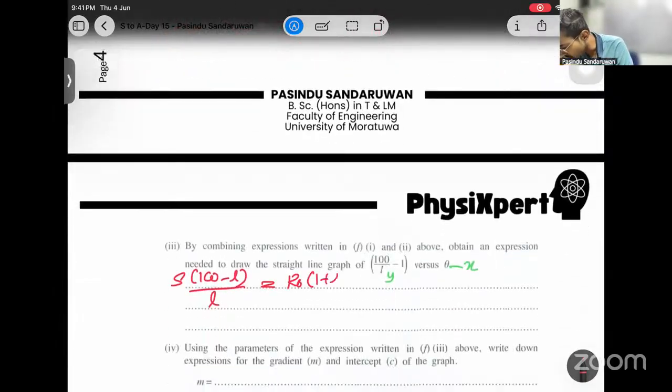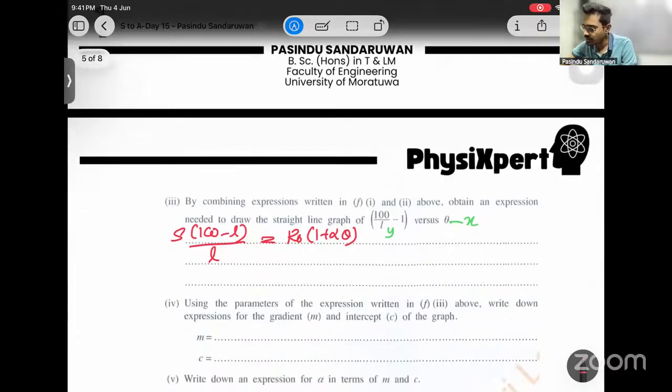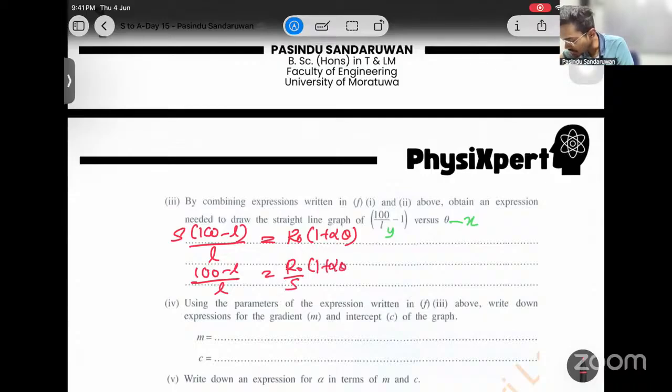Now my y-axis is 100 over L minus 1. This is already here, keep it without doing anything. So 100 minus L over L equals R naught over S times 1 plus alpha theta.